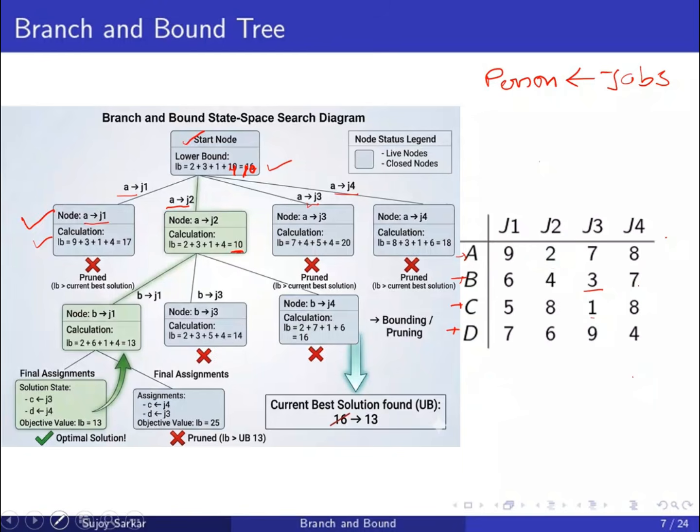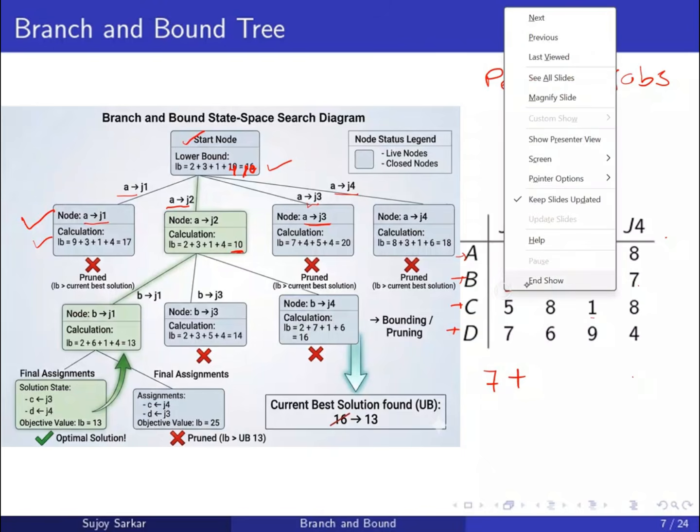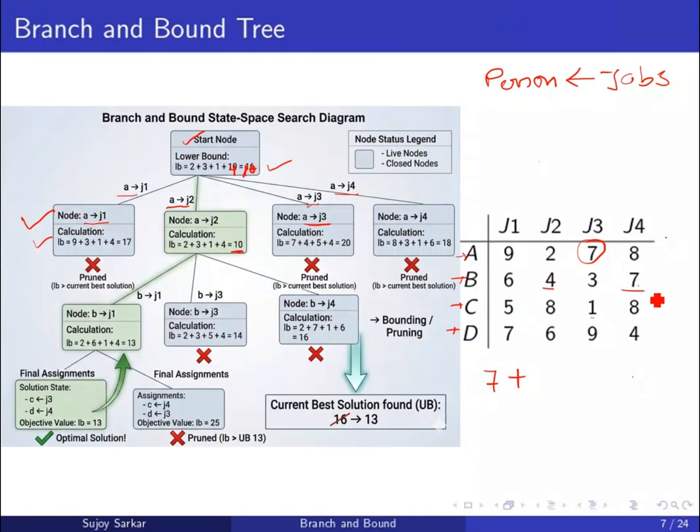Okay. Next, if A is assigned job 3, then this is fixed. It will cost 7 plus B minimum of 6, 4 and 7 is 4.